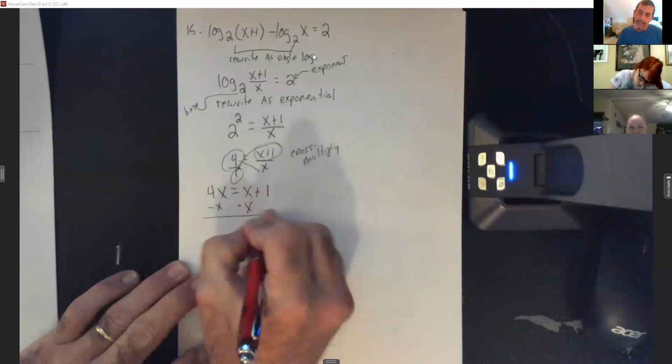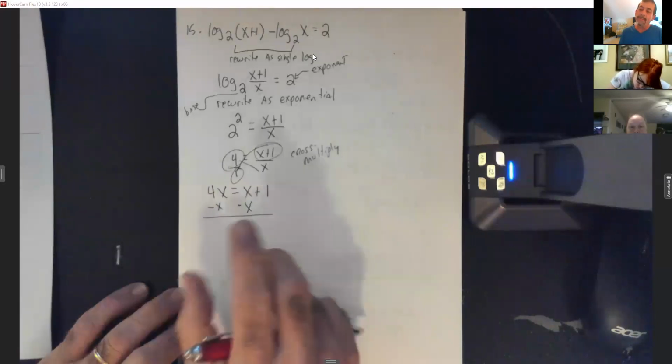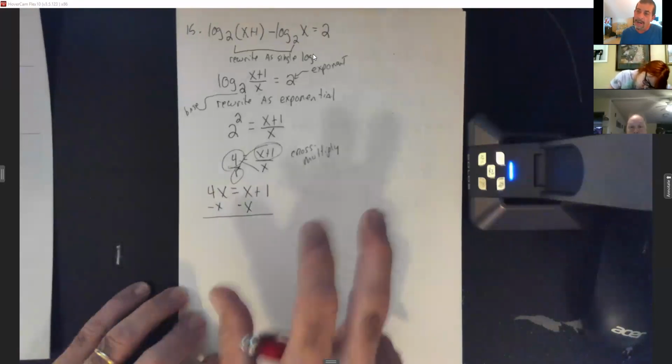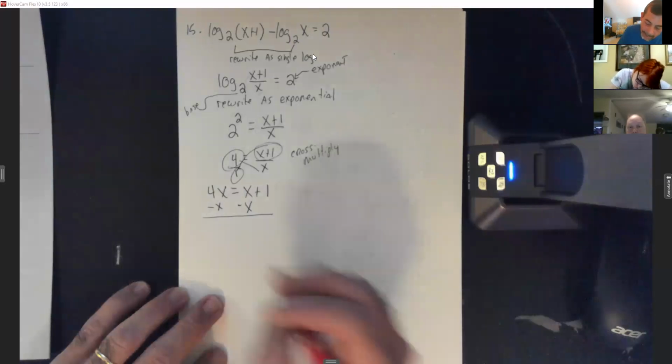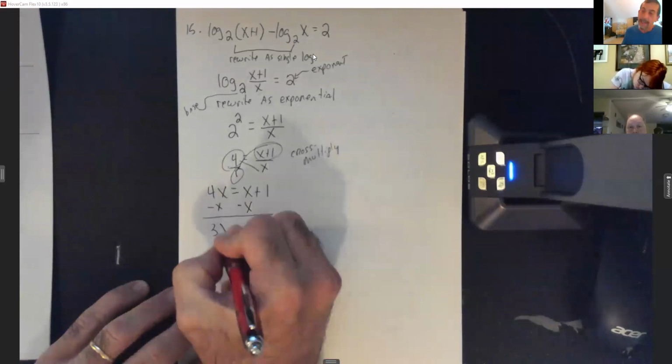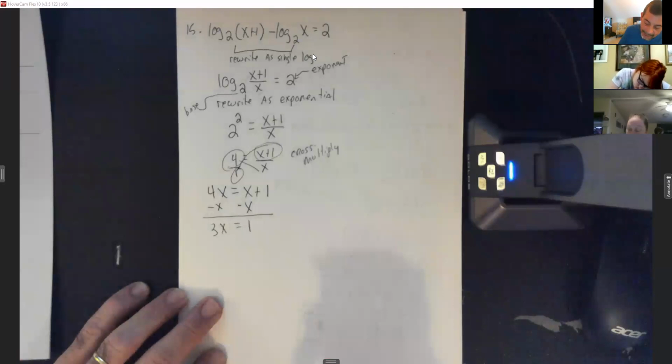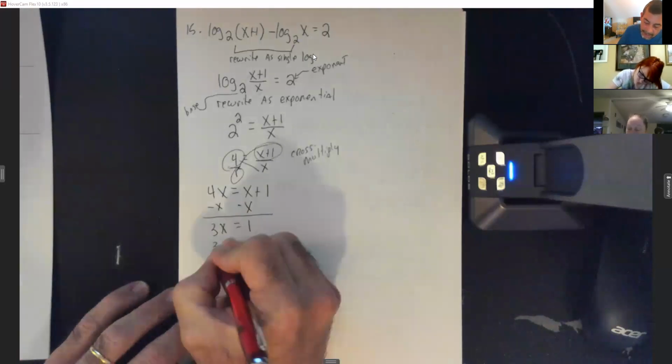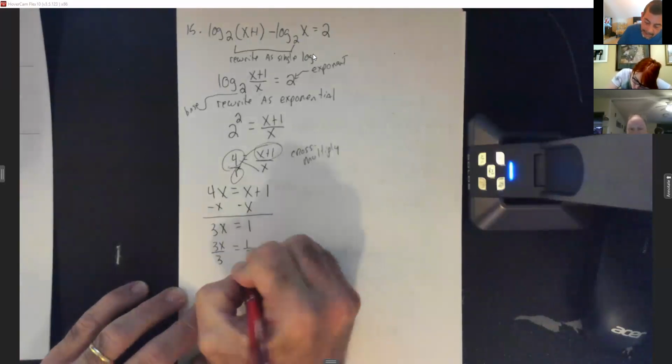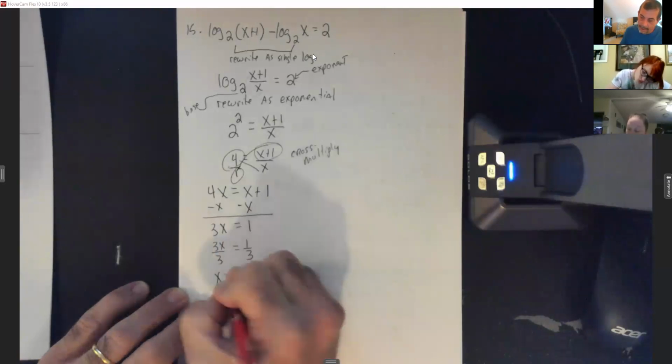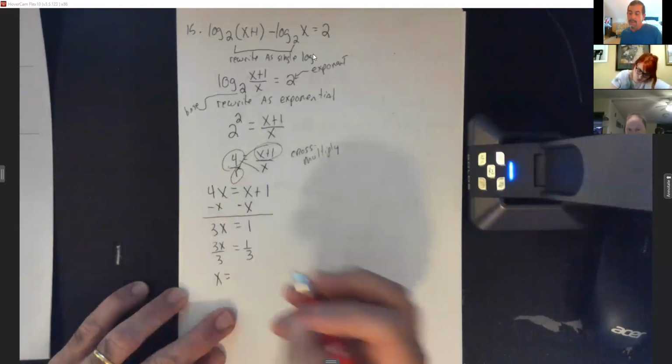Notice the difference on this one, I didn't have an x squared term, so I didn't have to worry about using the quadratic formula or factoring. So I get 3x equals 1, and then divide everybody by 3. 1/3 I can't do anything with, so 1/3 is the final answer.